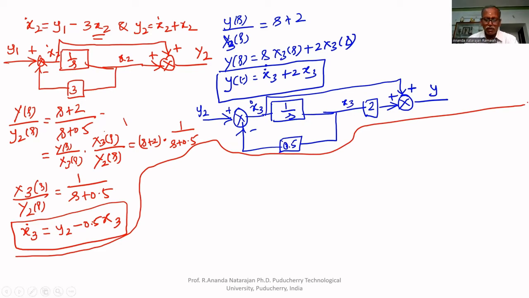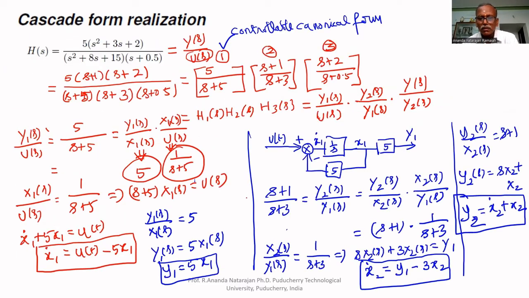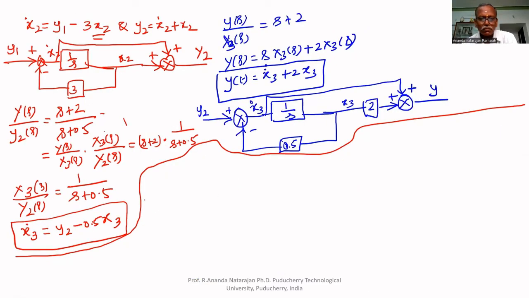So we combine all the diagrams together. Here, this is u of t, plus 5 times this is x1 dot, 1 by s, this is x1.